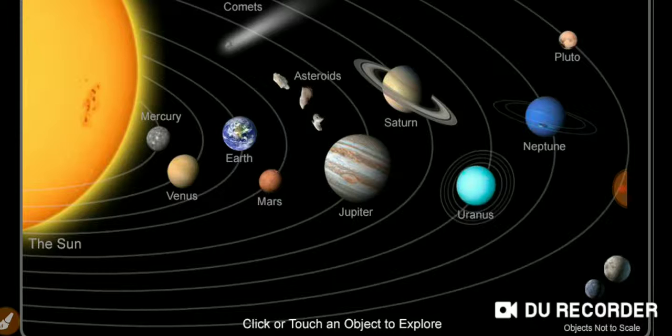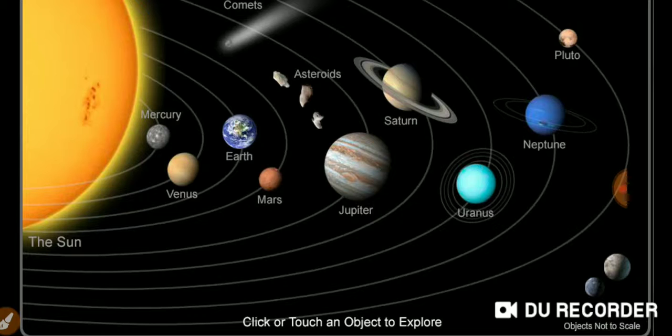And Mars also has an atmosphere in which nitrogen and argon are present. Mars has two satellites called Phobos and Deimos, and Deimos is the smallest satellite in the whole solar system.